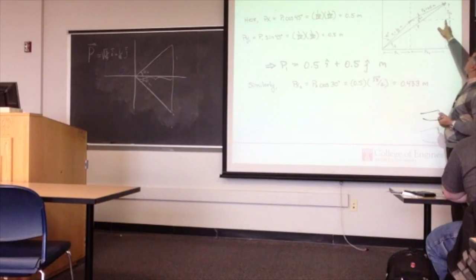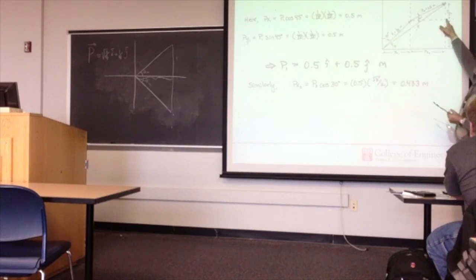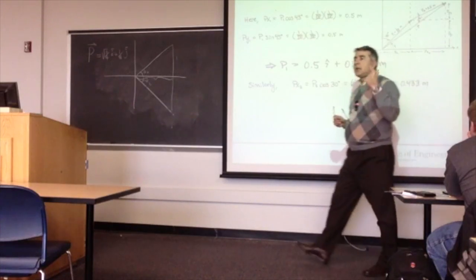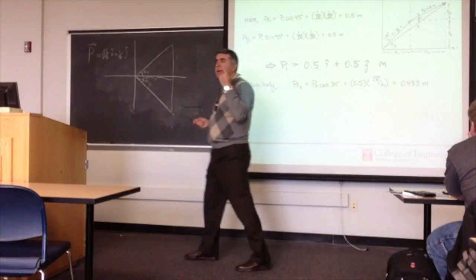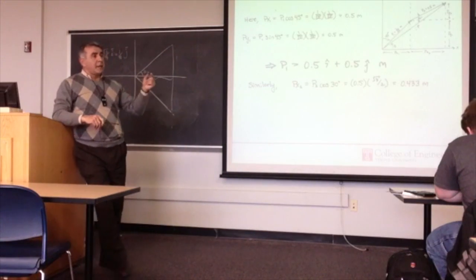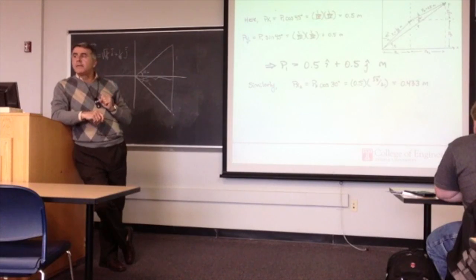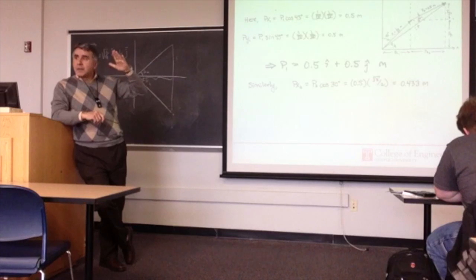So you find px2. What is py2 equal to? Well, there are two ways you can find it. First of all, this is py2, right? You're dealing with a right angle triangle that has a 30 degree angle. In a right angle triangle with a 30 degree angle, the side opposite to that 30 degrees is half of the hypotenuse.